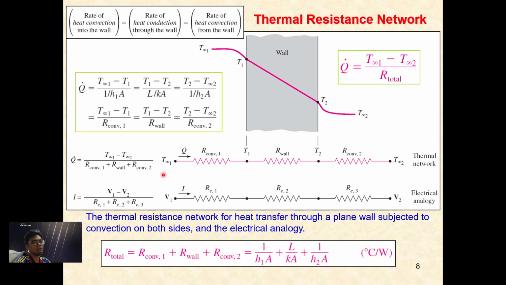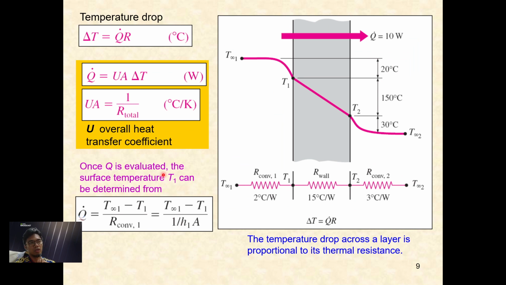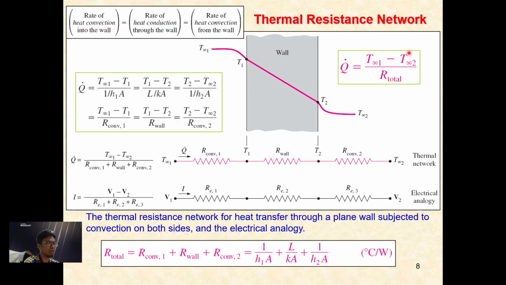So what happened before that? What happened if the question asks you the temperature drop? Temperature drop basically, kalau kita lihat formula ni macam formula yang baru kan, delta T equal to Q times R. Basically this temperature drop formula is derived from this here.